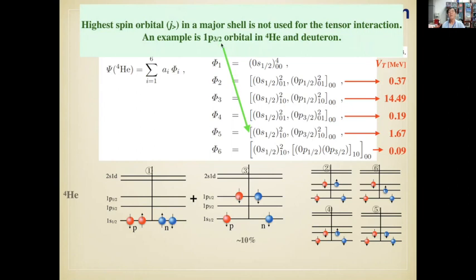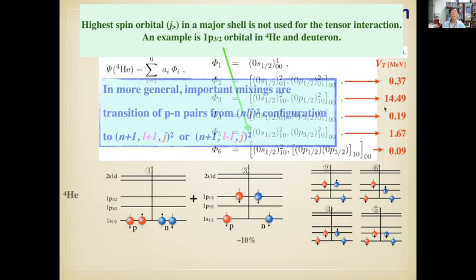Next major shell, but the largest J orbital is not really used by the tensor interaction. That is because of the selection rule that pseudoscalar pion exchange cannot change J. So that's why this contribution is weak, not 0, but weak by an order of magnitude compared to this one.